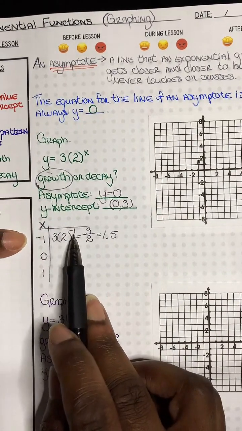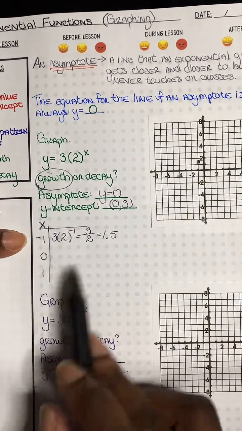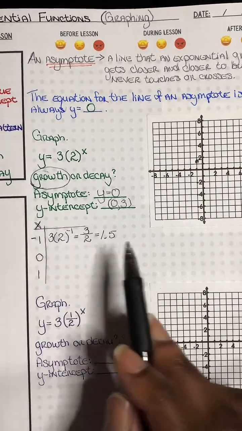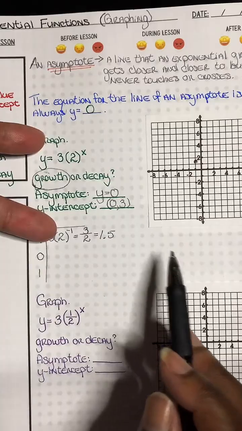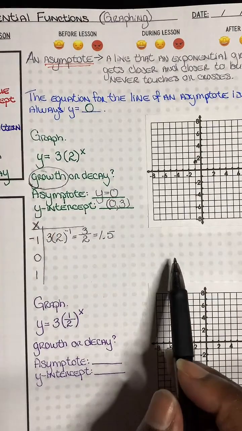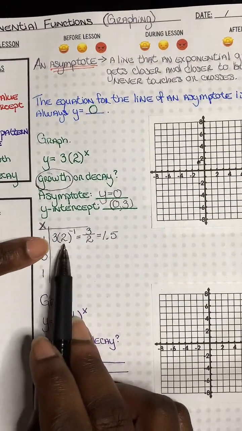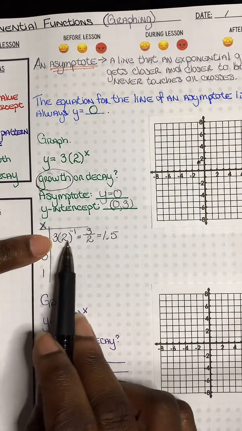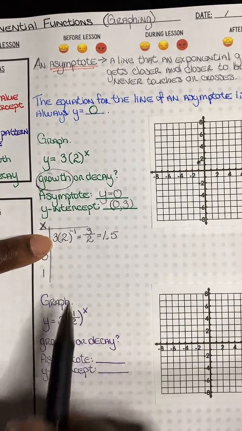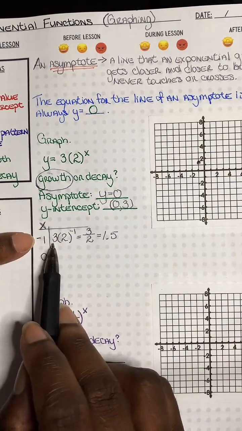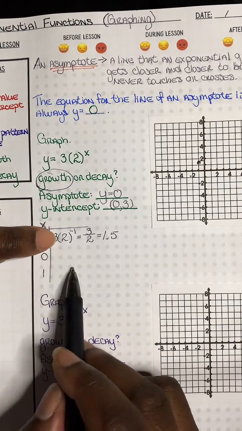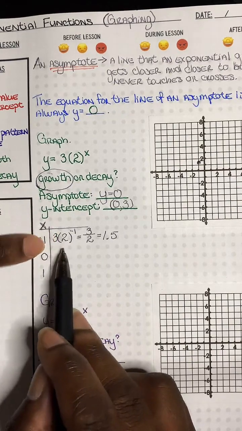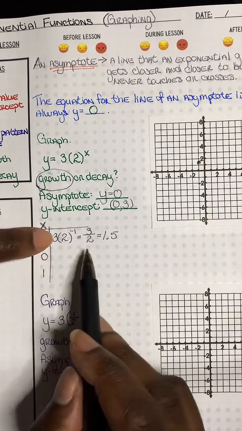Anytime we have a negative exponent, we have to make it positive by doing its opposite reciprocal, or flipping. So right now it's just the 2, not the 3. Order of operations: we have to deal with our exponents before we do multiplication.